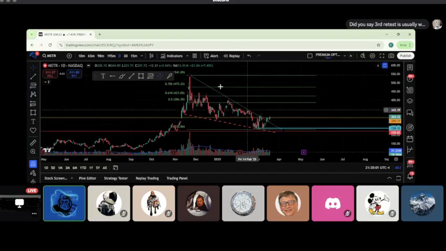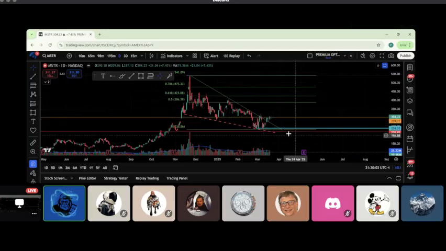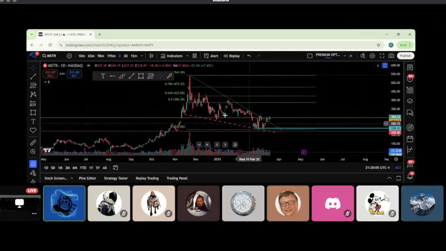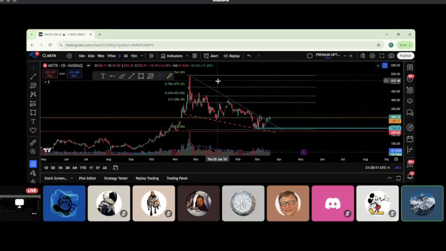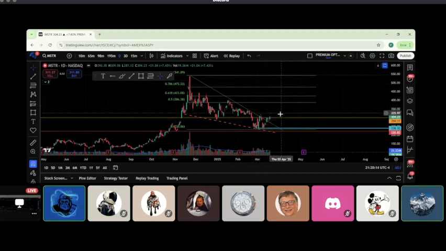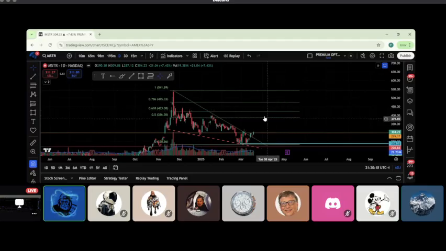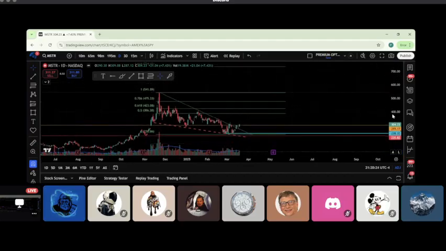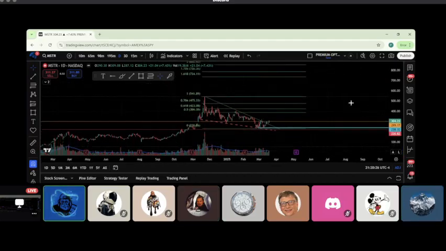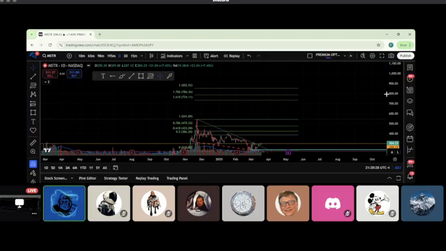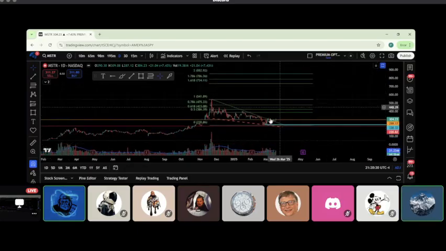It did close above, came back down, had this little liquidity sweep, and then moved all the way back up, closed outside the trend line again, and then we got a retest, and now we're moving back up. So theoretically, we should be testing this first golden box up around 440, 450, and if you can bear with me here, I think we can see 750 to 1,000 if Bitcoin makes all-time highs again.